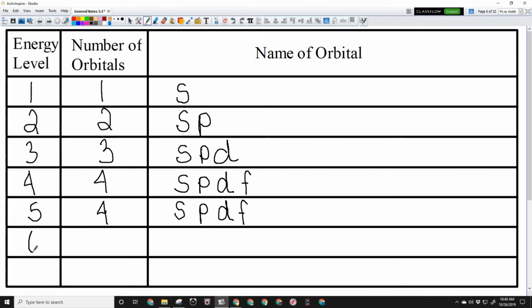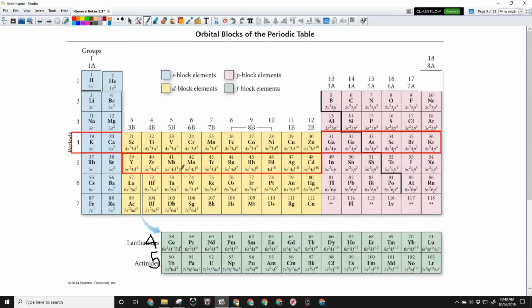So as we drop down to the 6th energy level, we drop off that F. We only have 3, so it's going to be an S, a P, and a D. And then on the 7th energy level, we only have 2 because this D is going to drop off.